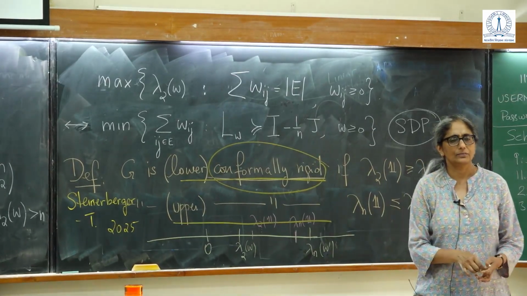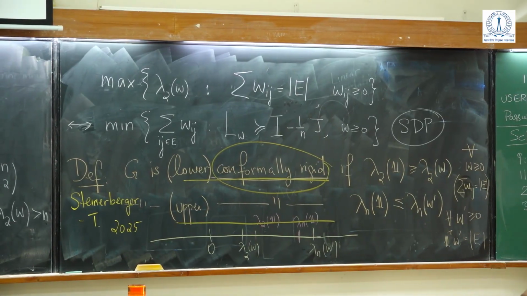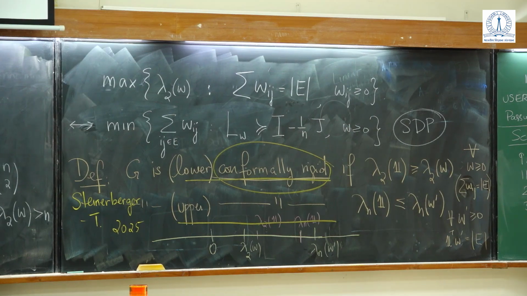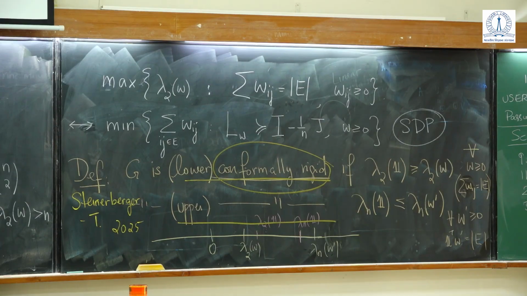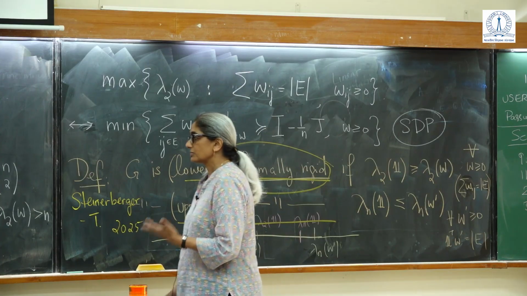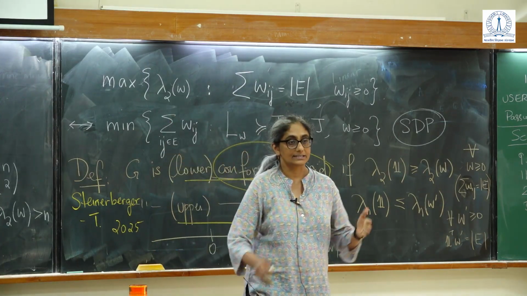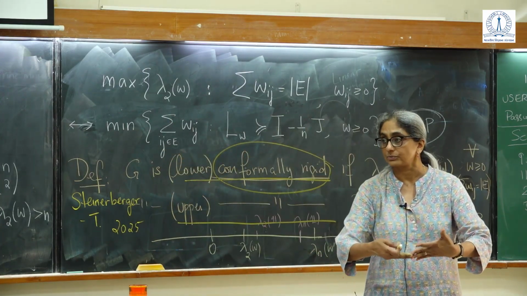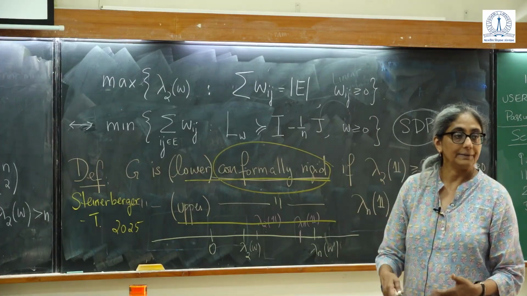But in general, we don't really know for which graphs the all ones is the unique maximizer. For Kn, the complete graph, it is. So that's an open question: if we can characterize those graphs for which the all ones is the unique maximizer of lambda 2. We don't know that.